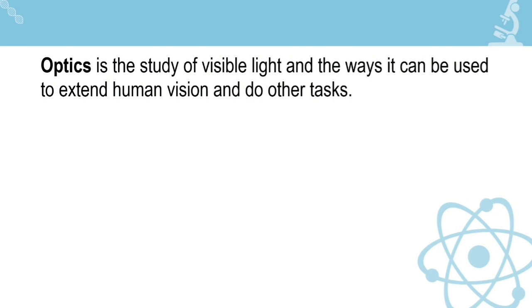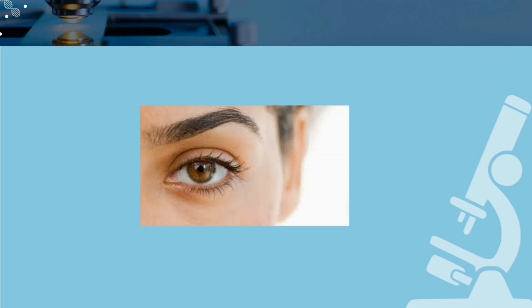and do other tasks. We all know that our eye is an exceptional optical instrument. It is a wonderful instrument, relying on reflection and lenses to form images. But it has limitations. Yes, you are correct.